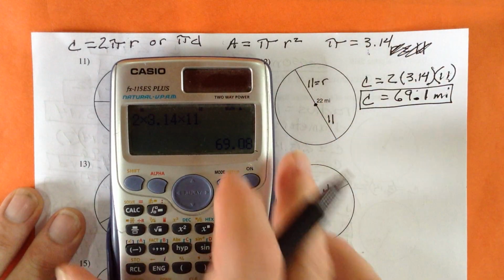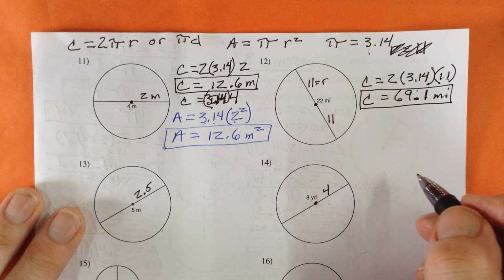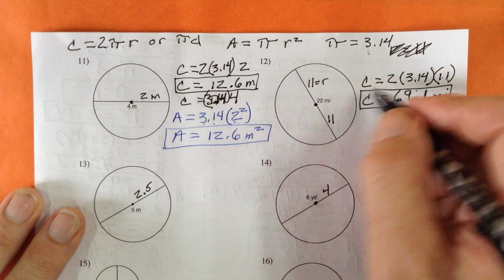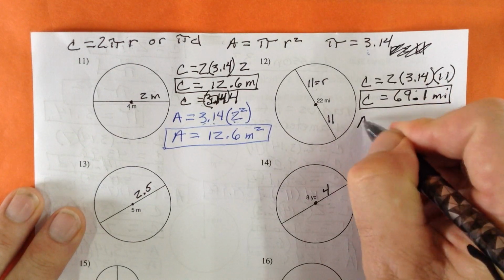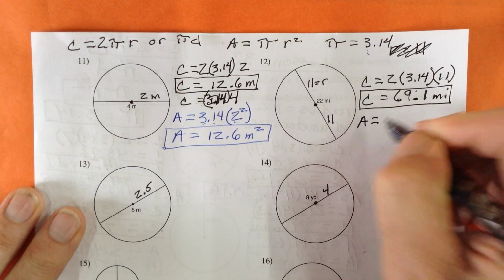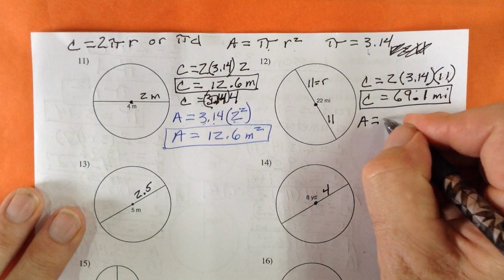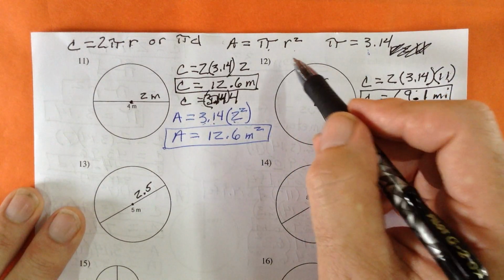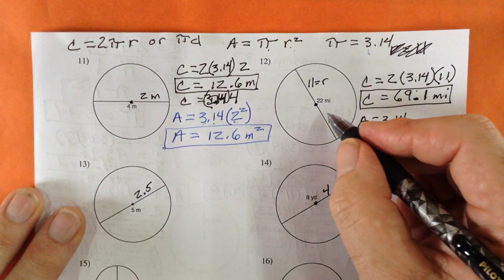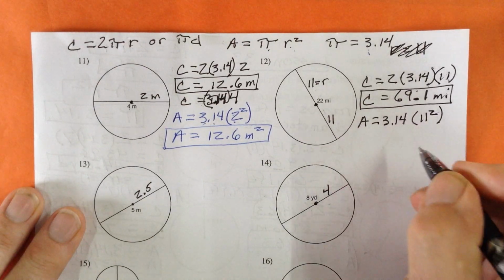Man, that's a big circle. 11 miles radius. Now if I want the area of this land, how many square miles? The area equals pi, I got to use this formula. Pi is 3.14 times the radius, which is 11 squared.